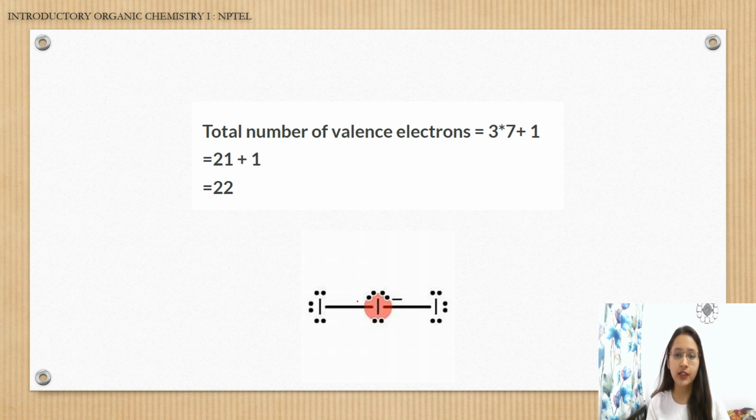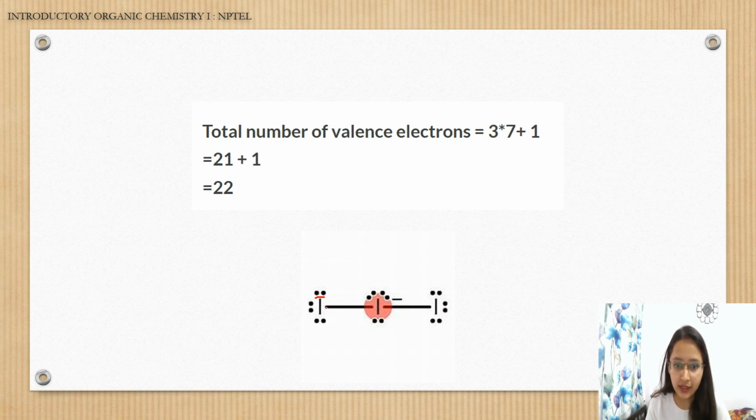Now they are asking how many lone pairs of electrons will be there. You will be calculating this according to the bonding. So here iodine is connected to two other iodine atoms via single bond, right? So now you can say that these are the number of electrons.